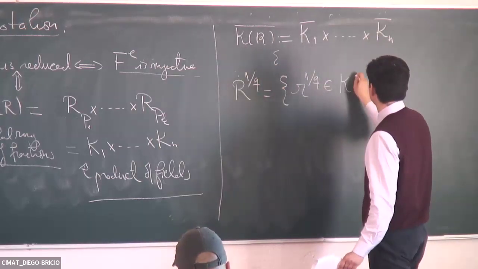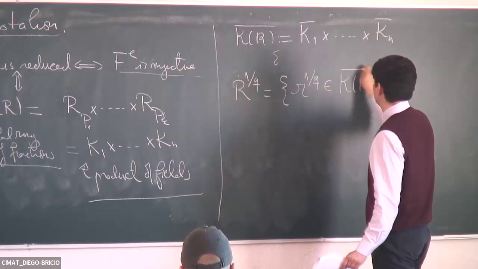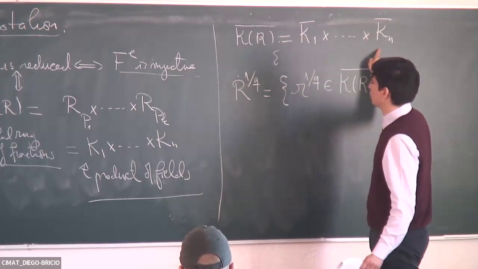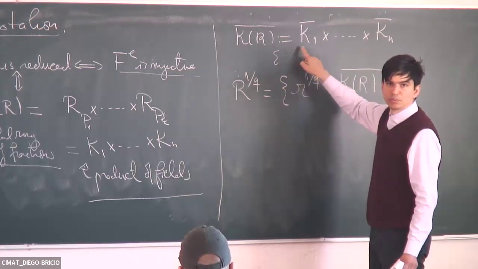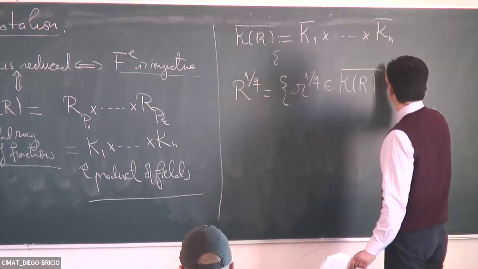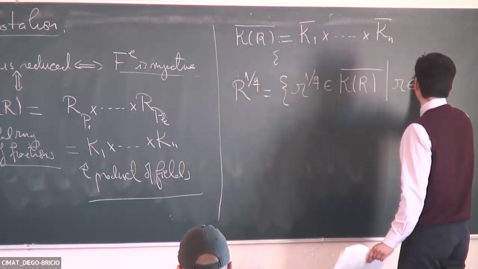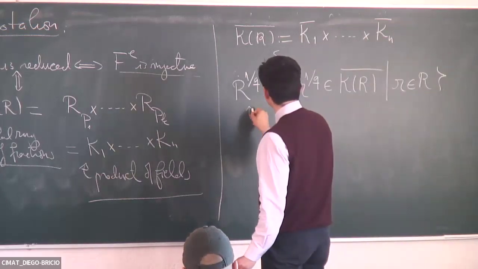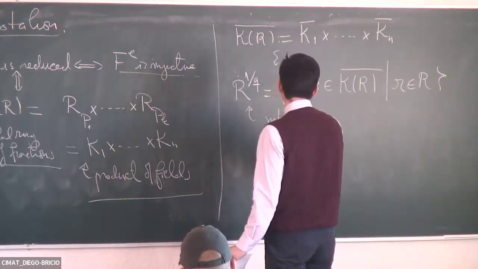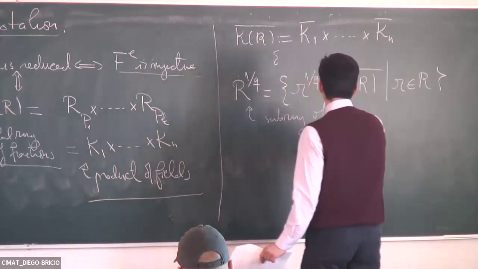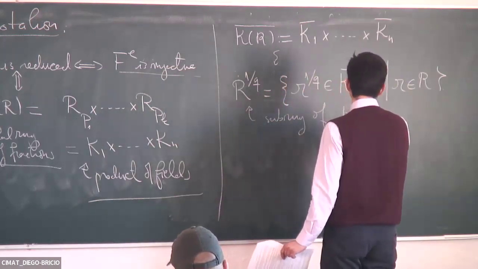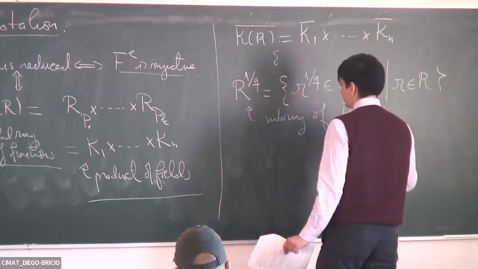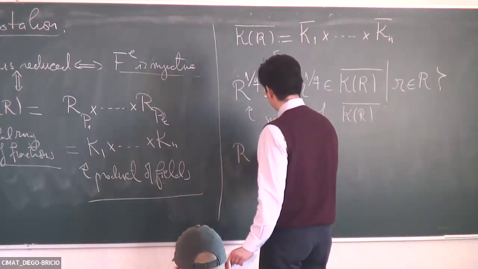So this is an element that lives here, right? R is going to be a tuple, and you can take the root component by component in here. So this is a subring of this huge ring, and it contains R, right?